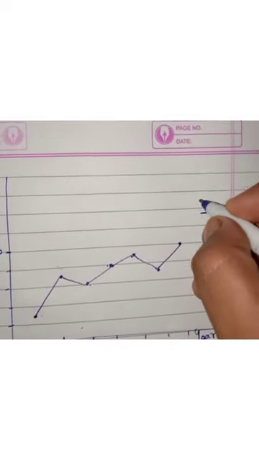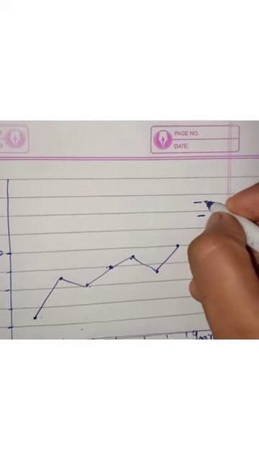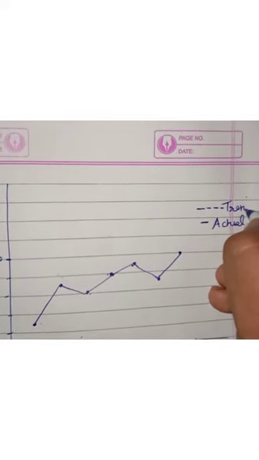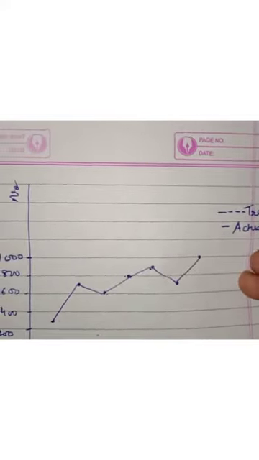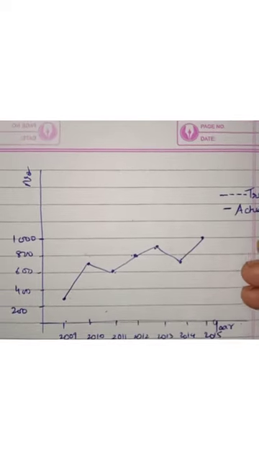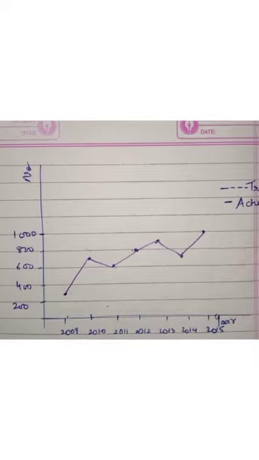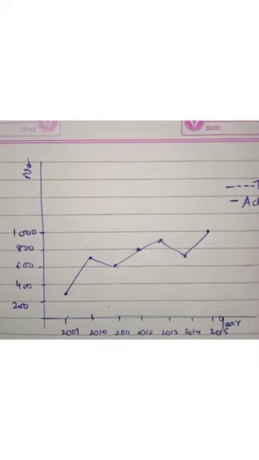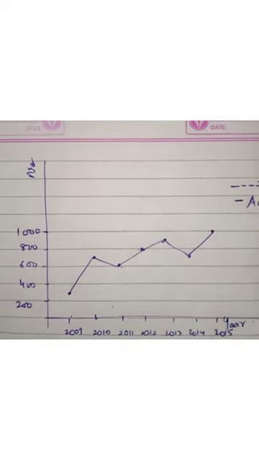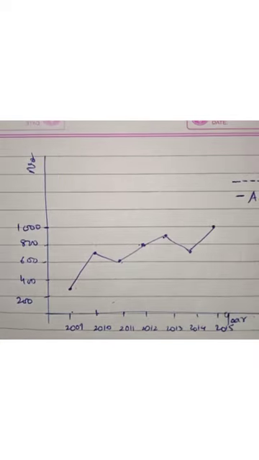Now we are going to plot our trend values. The denotation for trend values will be close dashes like this. Name it as trend. Trend means whatever we have found, the last column of trend values in yt.